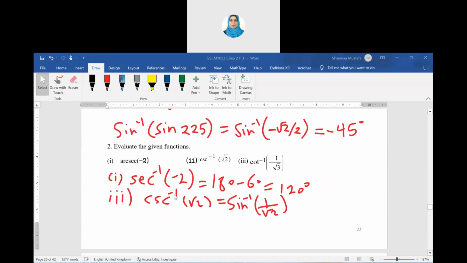So cosec inverse of the root of 2 is sine inverse of 1 over the root of 2. This is a positive value, so you have to take your angle from the first quadrant. So it is equal to 45 degrees.